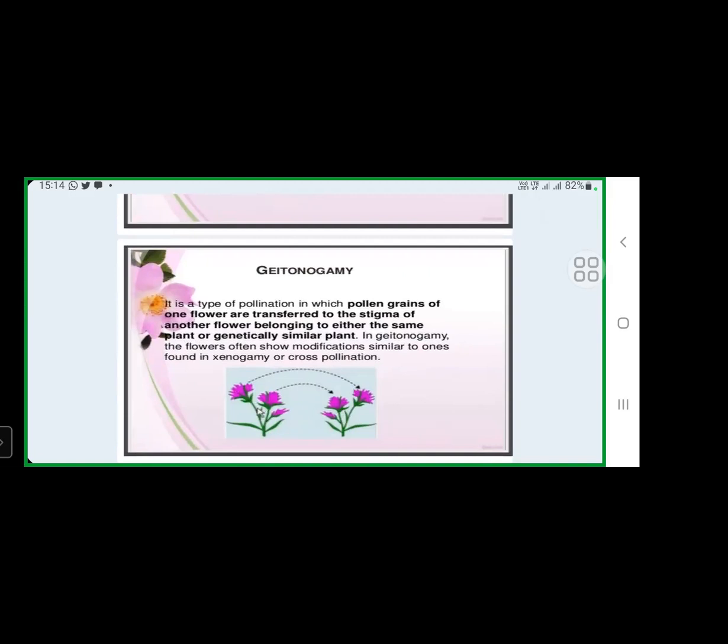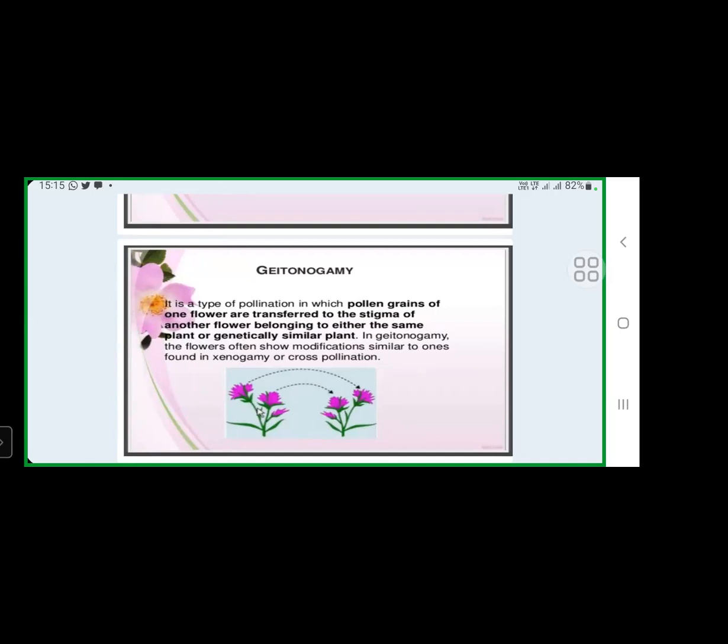And the second one is geitonogamy. It is a type of pollination in which pollen grains of one flower are transferred to the stigma of another flower belonging to either the same plant or a genetically similar plant. You can observe these diagrams also.